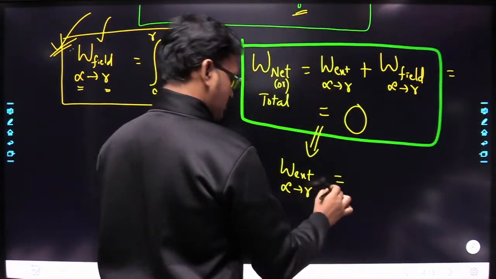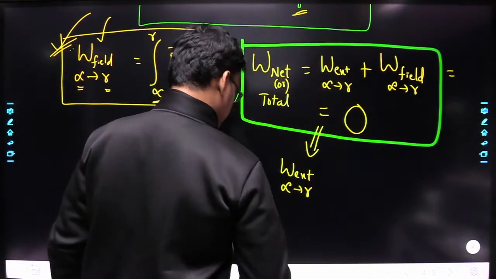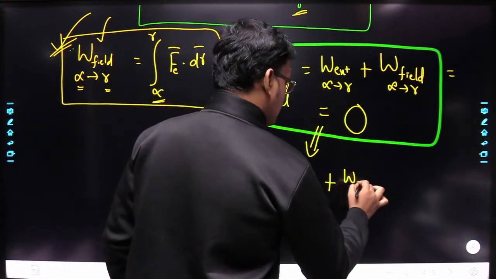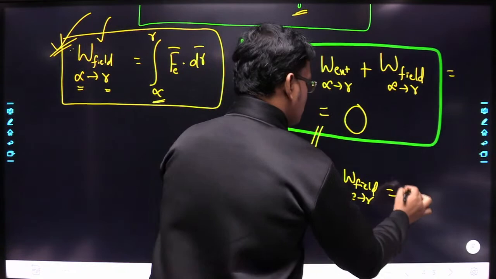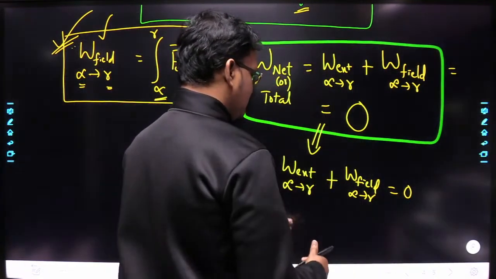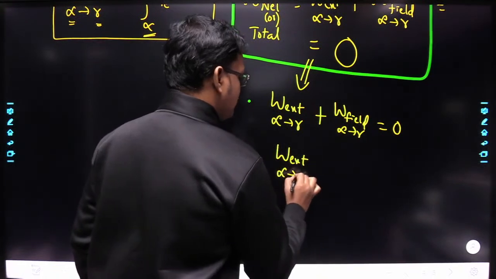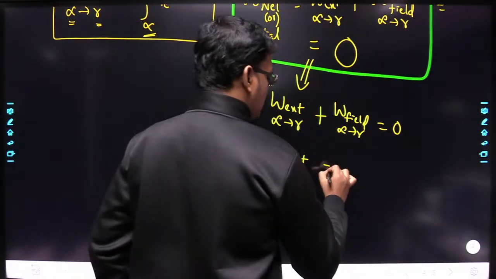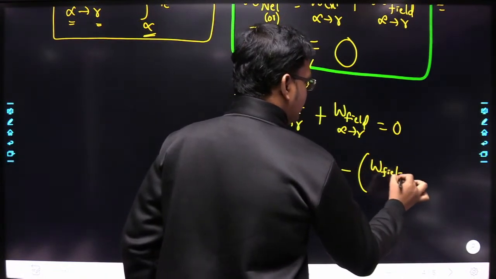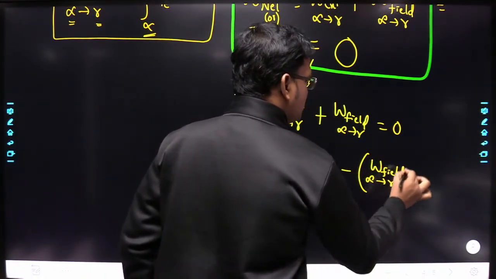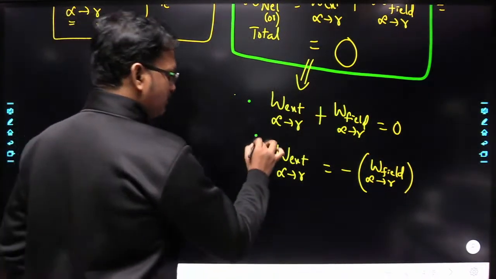So if you equate W external and W field from infinity to R to 0, we can write that the work done by the external agent in moving from infinity to R is equal to minus of the work done by the field in moving from infinity to R. Understood? So this is the conclusion we can make.